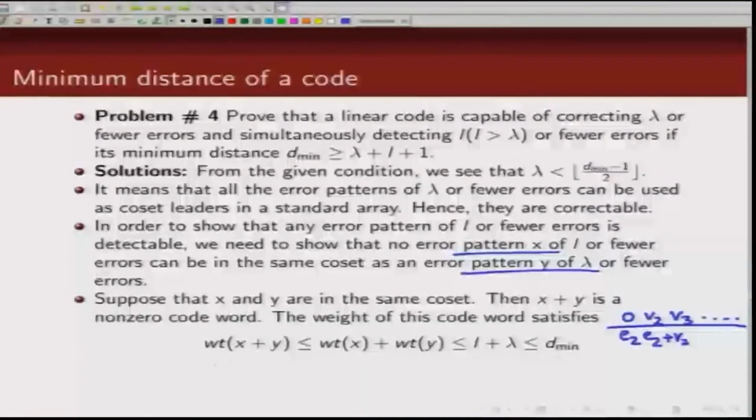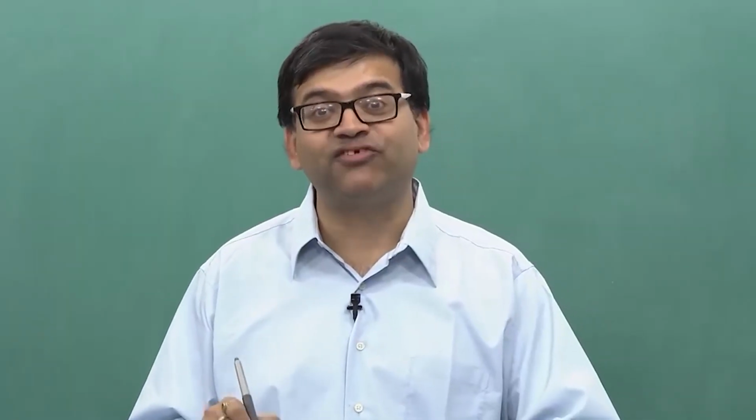So it is not possible to have x and y in the same coset, because if they were in the same coset, x plus y would have been a valid code word and its weight should have been more than d min, but here it is coming out to be less than d min. Hence, our assumption that x and y are in the same coset is wrong.